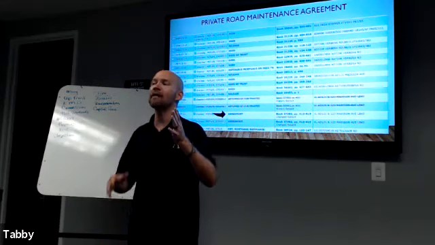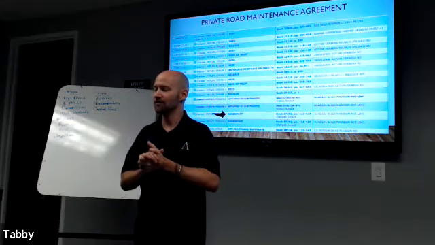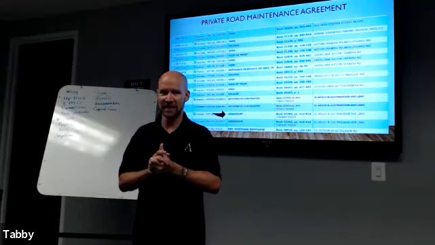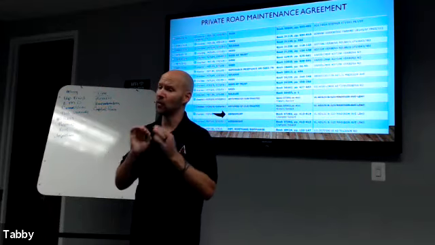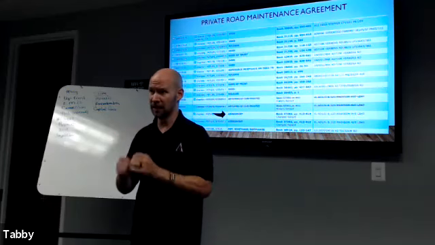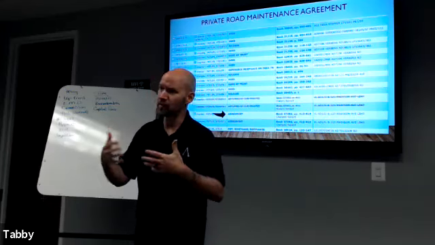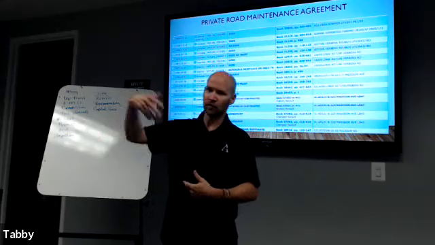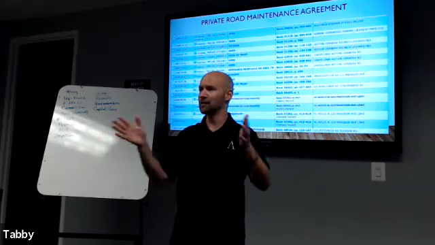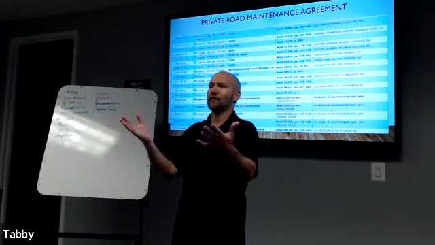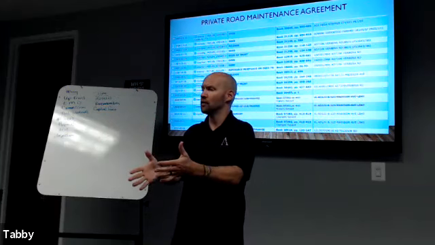If you're on a private road, a lot of lenders these days, especially if you share that with anybody else, are requiring that there's a private road maintenance agreement in place. A private road maintenance agreement basically says, all right, we'll split the costs. We both have access. Ollie could probably dive into it some more, but it's basically an agreement for everybody that lives off of this private road to maintain it.